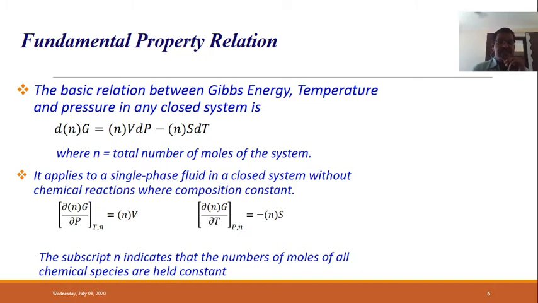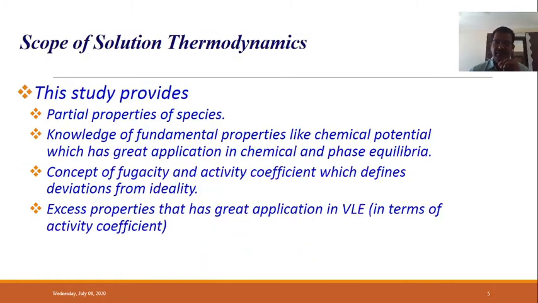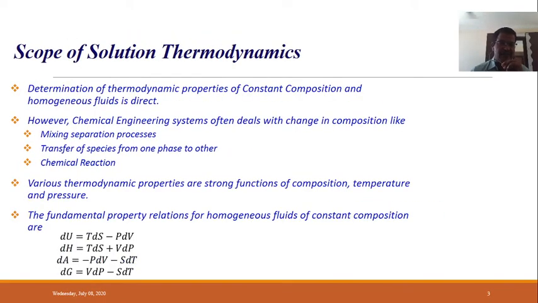d(nG) is equal to (nV) dP minus (nS) dT, the same equation we saw in the previous slide. There, dG is equal to V dP minus S dT, which is for 1 mole, n equal to 1.